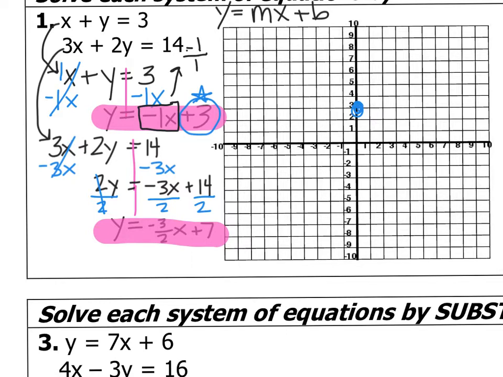Remember, all whole numbers are actually over a positive 1, which means that my slope is taking me down and to the right from my first dot. So I'm going to go ahead and start counting down 1 and to the right 1. So here's my first dot. I'll go down 1 and to the right 1 and make a dot right there.